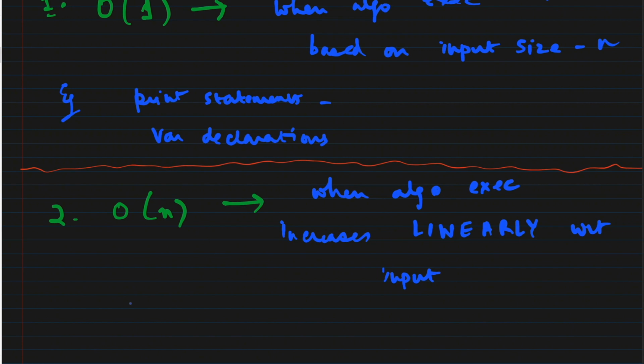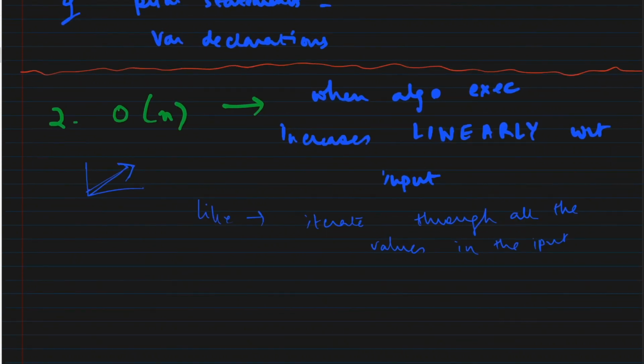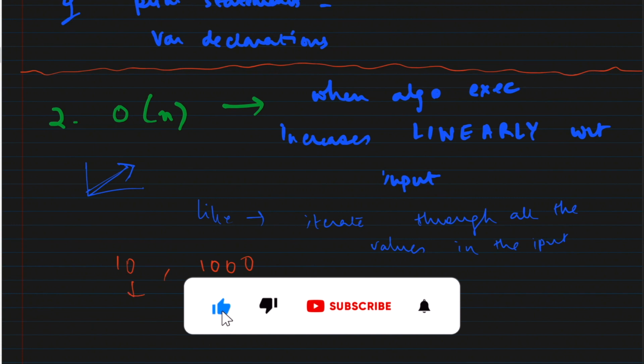So it is increasing linearly with respect to input. If you draw a graph, something like this, it's increasing in a linear fashion. Something like when we have to iterate through all the values in the input. So I have, let's say, 10 inputs or I have 1000 inputs, and I have to iterate through all of them.